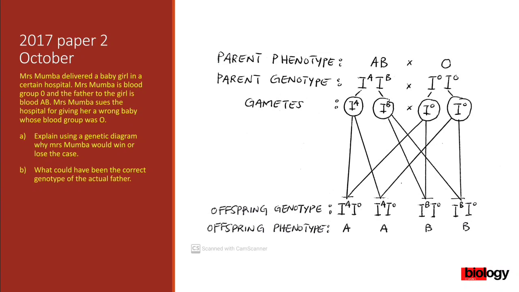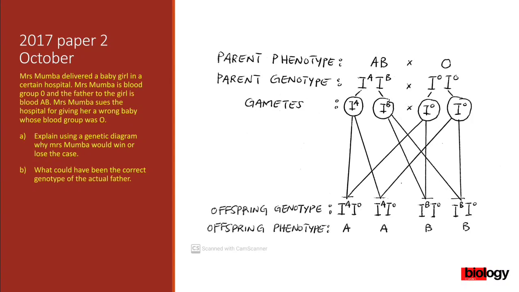Now, like I said, when it comes to blood group A and B, there are two types of blood group A and B. There is A homozygous and A heterozygous. Then there's B homozygous and B heterozygous. So if the father was A heterozygous or B heterozygous or blood group O, then he could have a child who is blood group O with Mrs. Mumba.